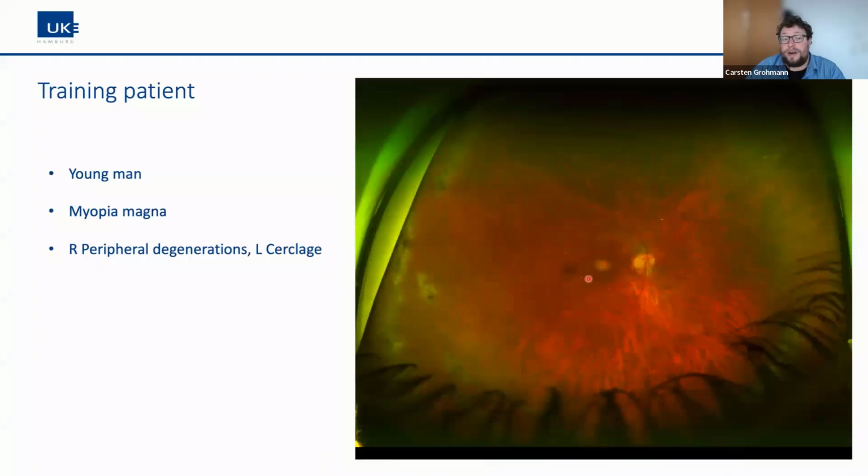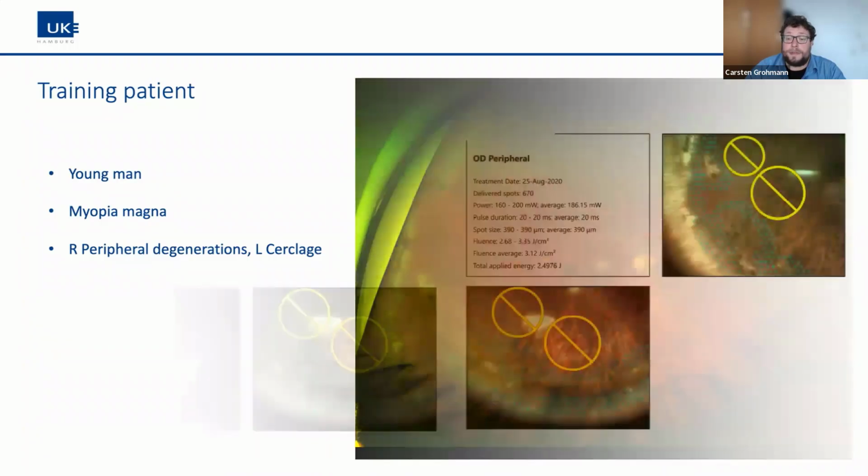Interesting for us is the other eye, where you can see a lot of lattice degenerations over here, and also nearly all around. So this is a tricky patient because they are very widely outside, and it's a lot of work securing those lattice degenerations with the conventional laser.